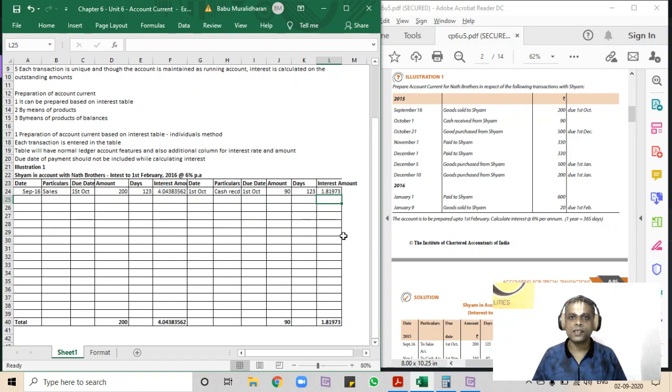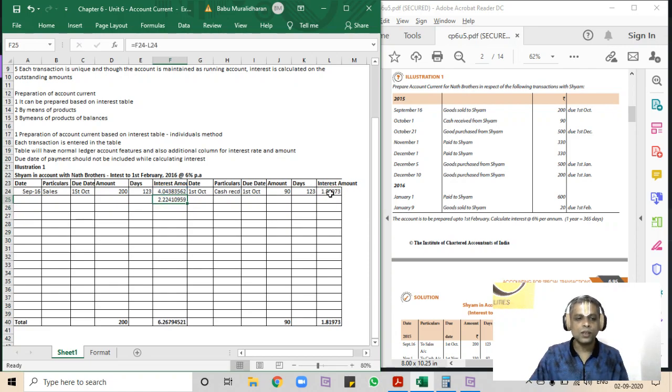Students, you might have a question. Why should the interest be calculated for the whole amount? Interest is due only for the amount which is due, like 110 rupees. 200 rupees is the sales and 90 rupees amount received, and 110 rupees is the interest that needs to be calculated. If you calculate in this way also, the same answer will come. Like 4.04 minus 1.82.